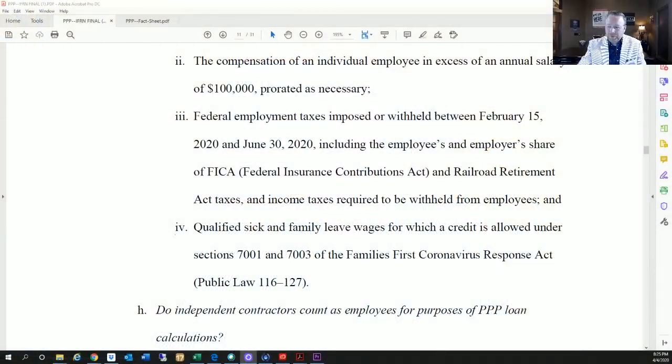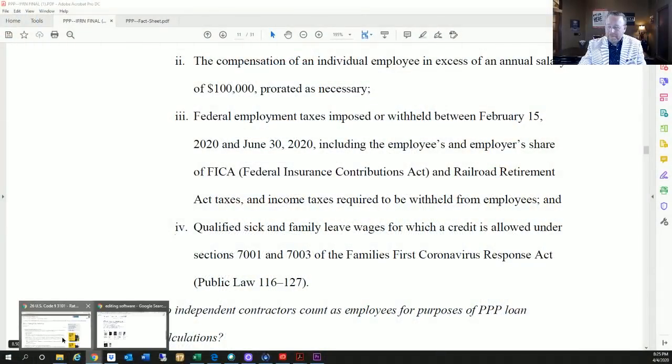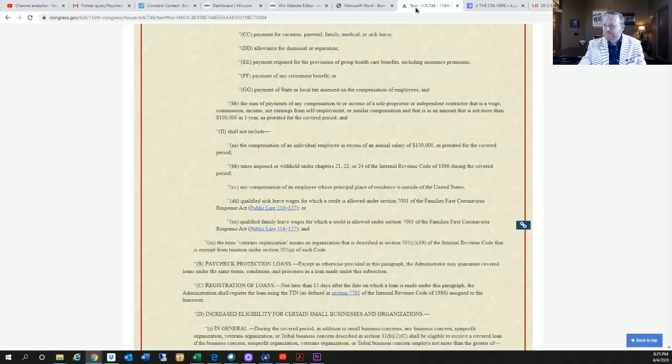What it's going to be is just like what's in the law, that's the amount that won't be forgivable, which are the credits.